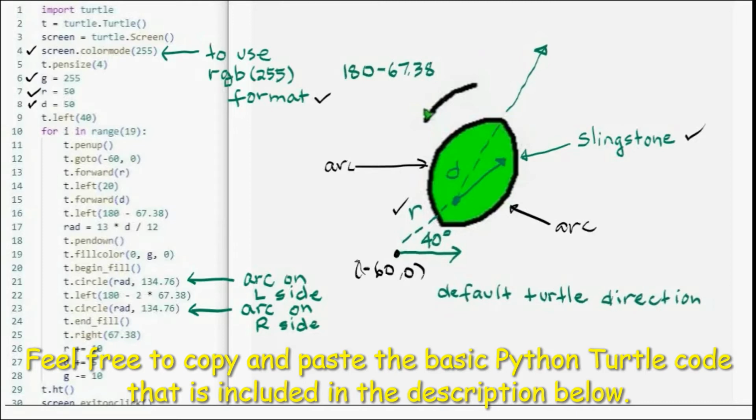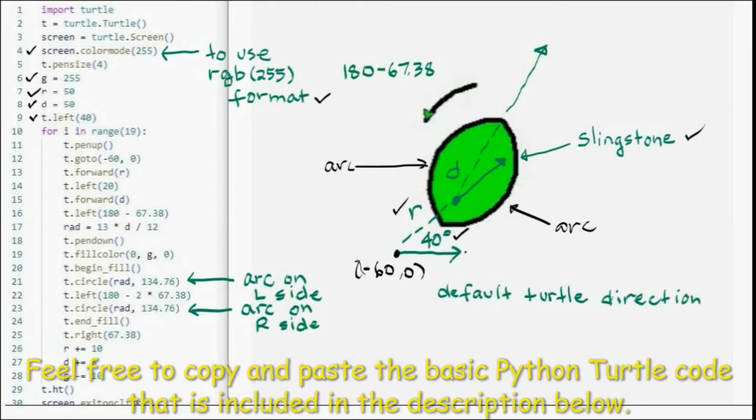Now, before I draw the series of slingstones, I first turn my turtle 40 degrees to the left. That's number 9. So look at the 40 degrees here on the right side of the screen.